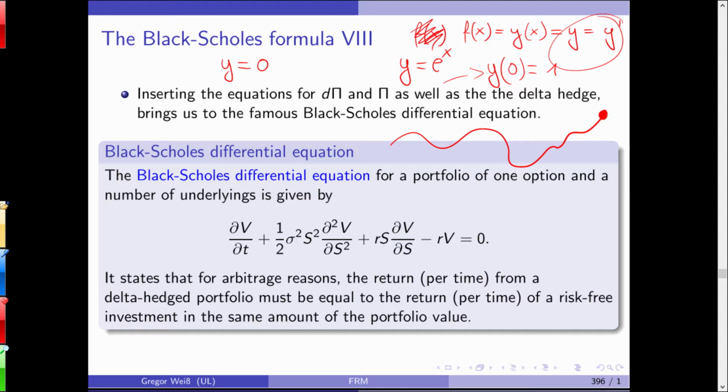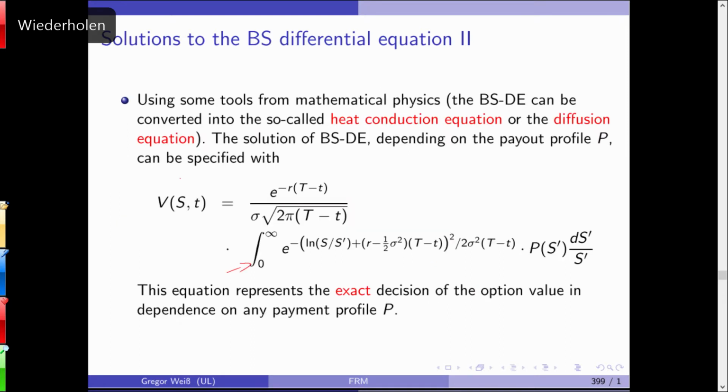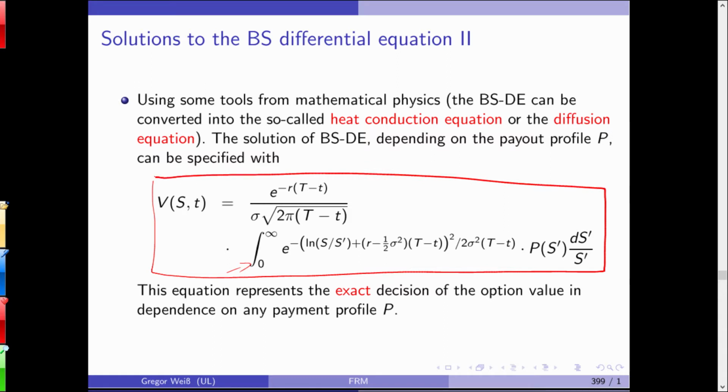In case, for example, it's a plain vanilla European call or put, we have the payoff profile in the end. And in case it's a plain vanilla call or plain vanilla put, it's quite simple to solve for the solution of this differential equation. This is the general solution with any payout profile.